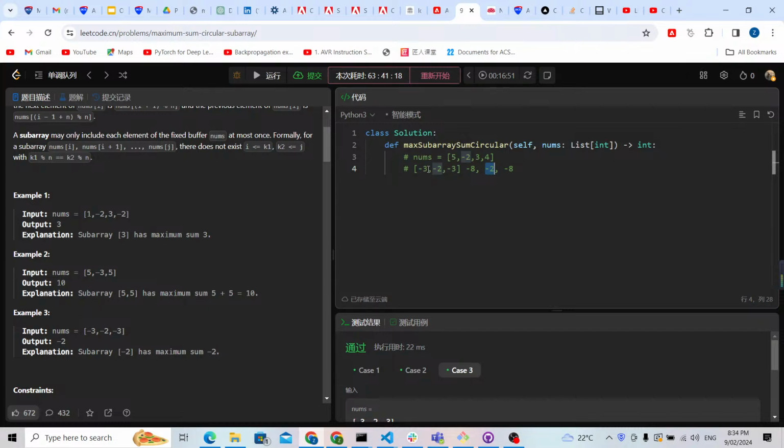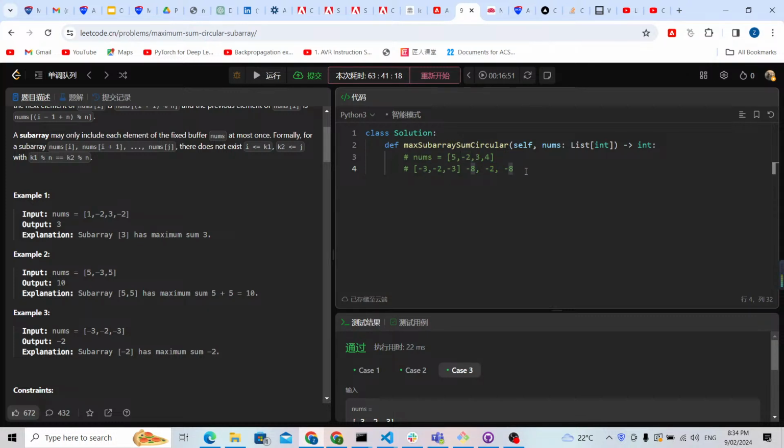Otherwise, you're going to get a wrong result, because the sum is -8, and then you would use this -8 minus the minimum of the array. The minimum is also -8, so it would be 0. But the final result cannot be 0, it must be -2, because there's no 0.